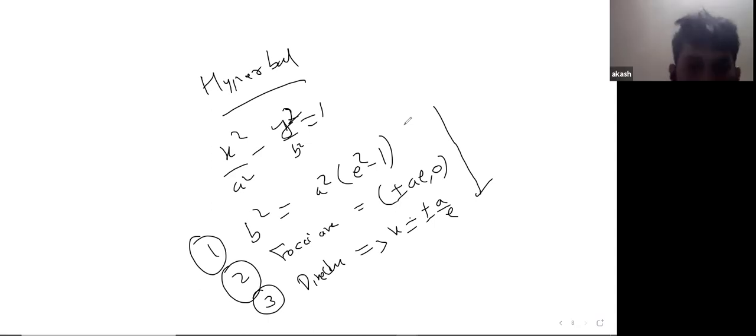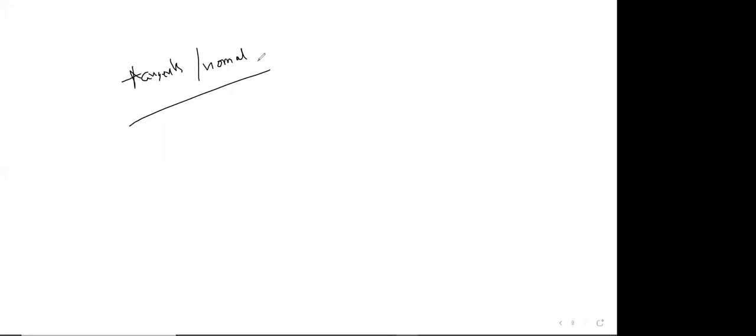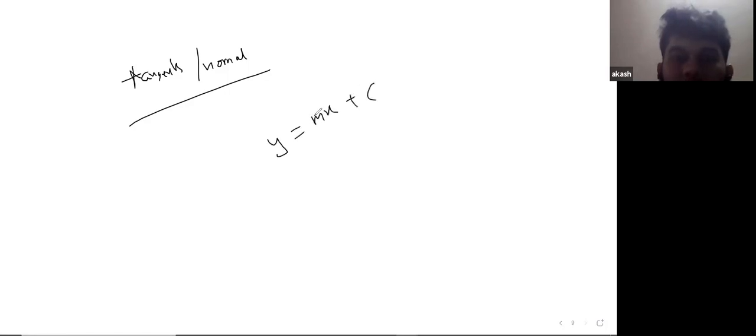Tangents and normal. See, in tangents and normals, we already did that in the differentiation chapter, right? You need to find the equations of tangents and normal. Very easy. It is the same as solving questions like y equals mx plus c. You find the slope by finding dy by dx, right?